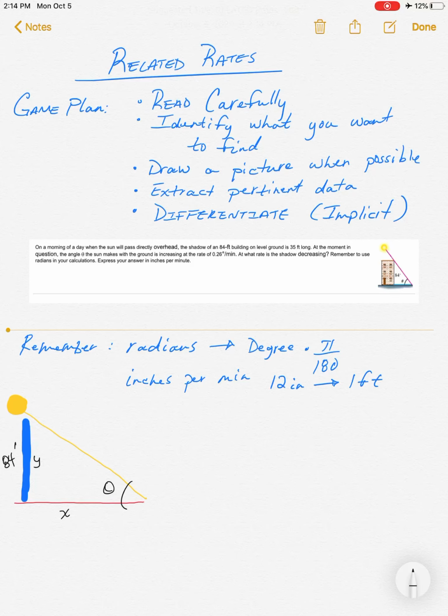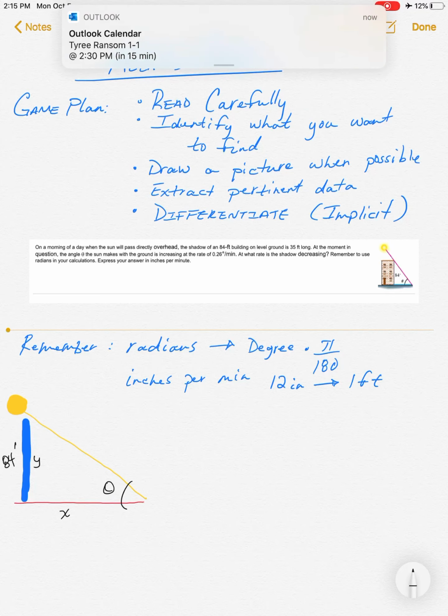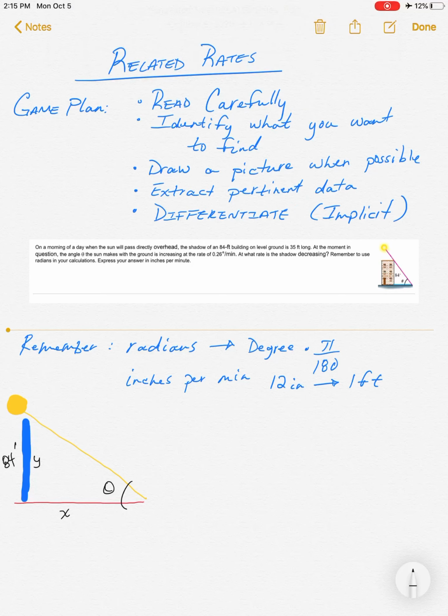All right, so looking back at the problem, let's see what other pertinent information I have. It gave me a rate in the problem. The rate that it gave me is d theta dt, in degrees, 0.26 degrees per minute.